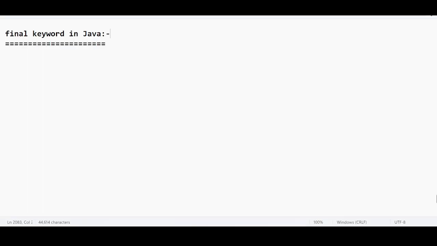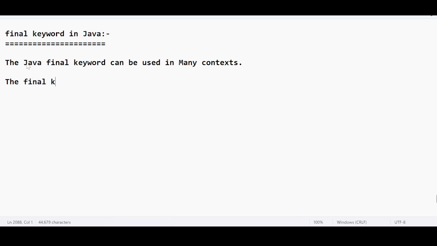So what is the final keyword? The Java final keyword can be used in many contexts, such as: first, a variable can be final.